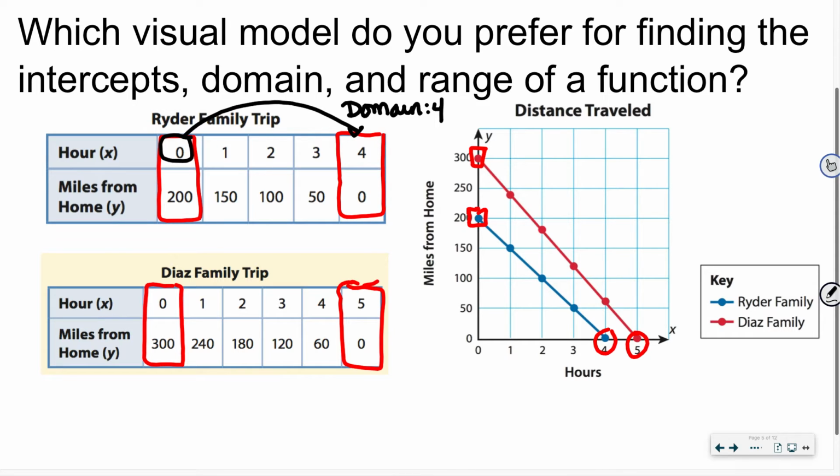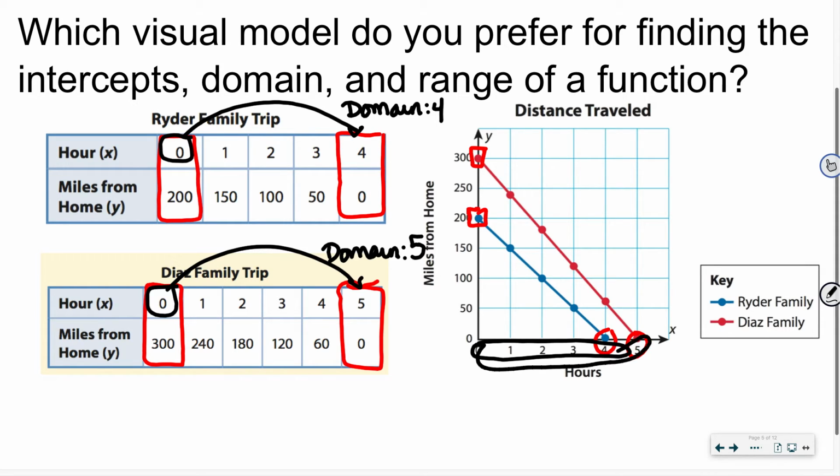And how about for the Diaz family? From 0 to 5. So my domain here would be 5. How about in the graph? I can see where the line began on our x coordinate and then where it's going. So 4 or 5, that would represent how we find our domain if I'm looking at a graph.